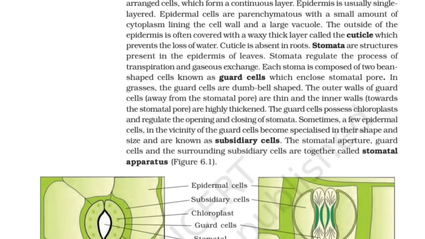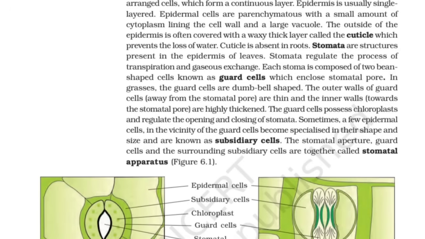Epidermis is usually single-layered. Epidermal cells are parenchymatous, with a small amount of cytoplasm lining the cell wall and a large vacuole. The outside of the epidermis is often covered with a waxy, thick layer called the cuticle, which prevents the loss of water. Cuticle is absent in roots.